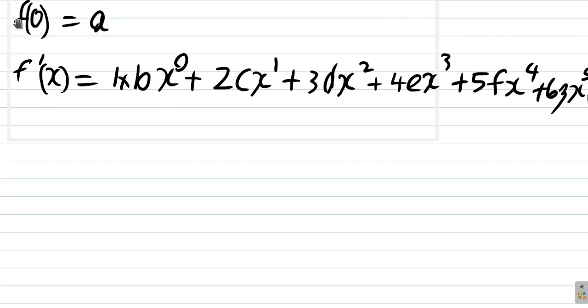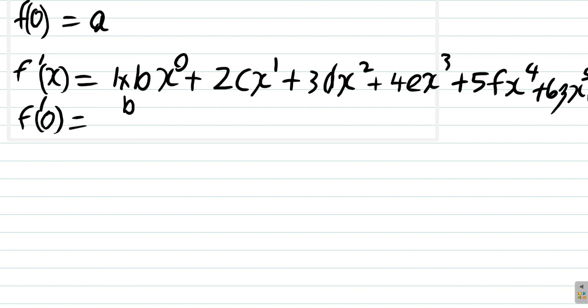Now, suppose we put in 0 for x and we find f prime of 0. What do we get? Well, 1 times b is b, and this x to the 0 amounts to 1. Alright? x to the 0 is 1. This was 1 times b times 1, because whatever x is, x to the 0 is 1. So we would have just b.